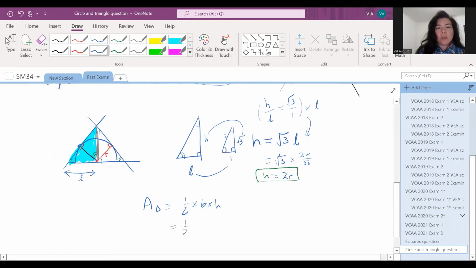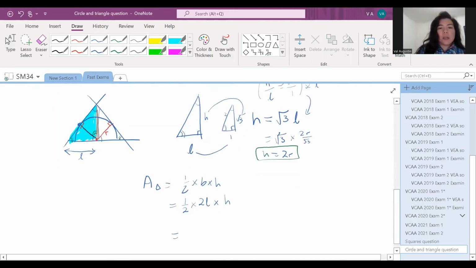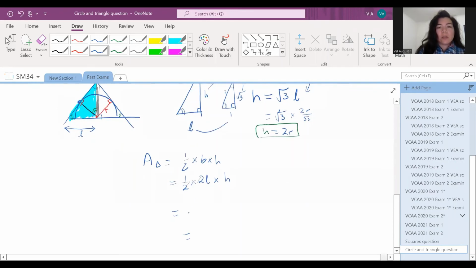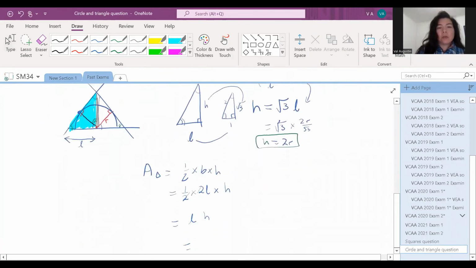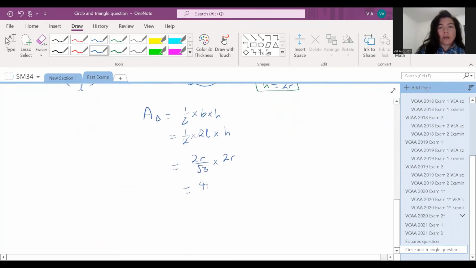We know that the base is 2L, and we know the height is just H. So then we end up with L times H, with L being 2R over the square root of 3, and H being 2R. So the area of the triangle is 4R squared over the square root of 3. We can choose to rationalize the denominator, so I will. That gives me 4 root 3 R squared over 3.